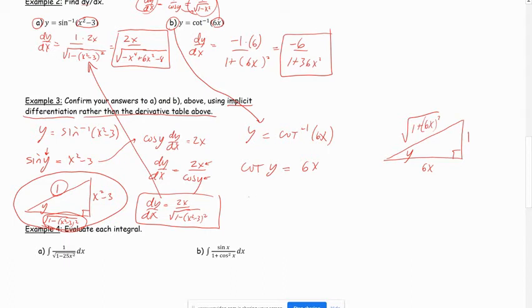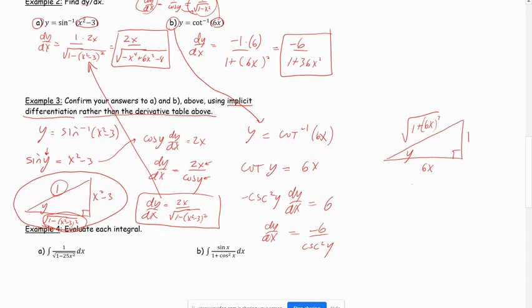And so now if I take the derivative, the derivative of cotangent is negative cosecant squared, so we have negative cosecant squared y dy/dx equals 6. And so then dy/dx equals negative 6 over cosecant squared y.